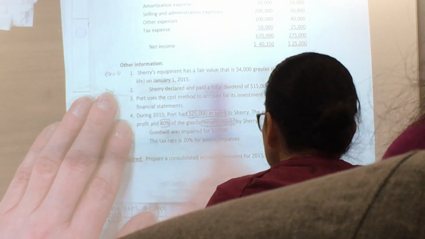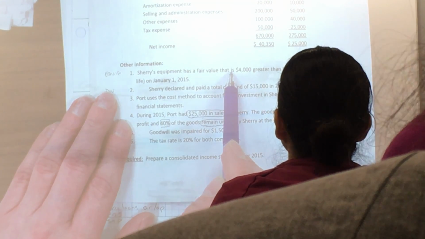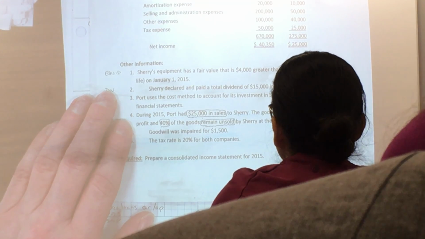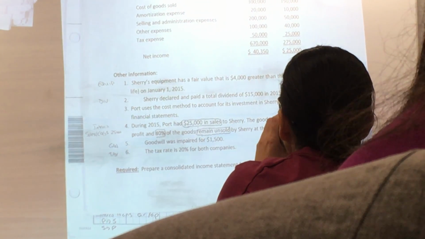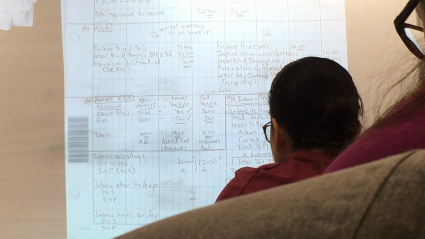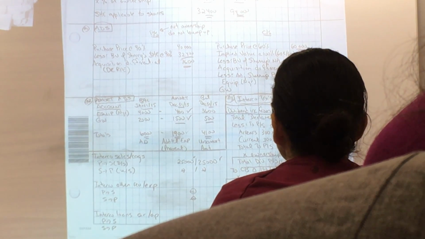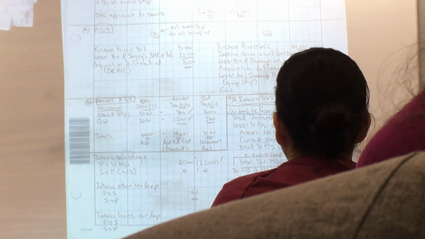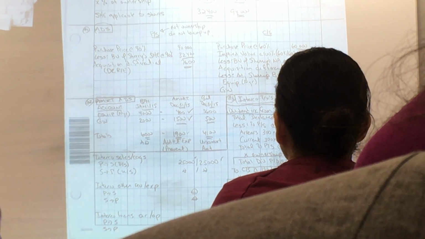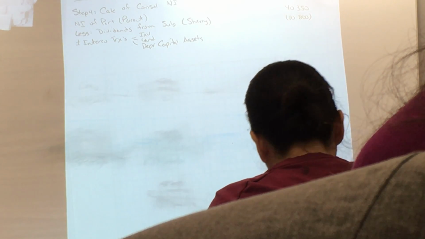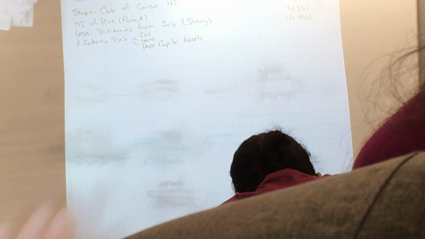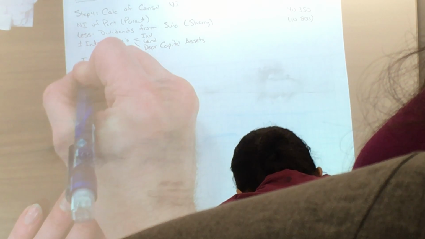Yeah, there was no transfer. Remember, there's no transfer between Sherri and Port. This is only on the acquisition differential. Yeah. Okay, good. It's a good comment. That's the reason why it's not there, because it only goes to the acquisition differential. If it was between the parent and sub, then absolutely it goes right here. All right, so we'll first start with inventory. And inventory, I guess I should do it this way.